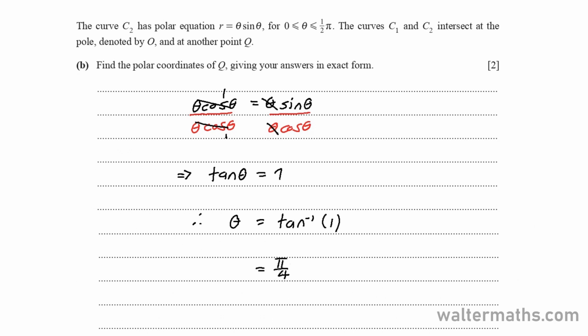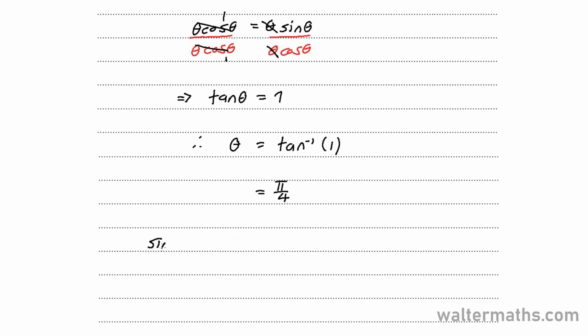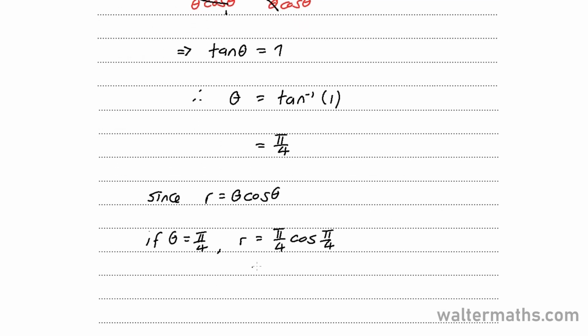So we now have the theta value at their point of intersection, and now we need to find the value of r. Since r is equal to theta cos theta, if theta is pi over 4, then r will be equal to pi over 4 cos pi over 4. And what does this give us? Cos pi over 4 is actually root 2 over 2.